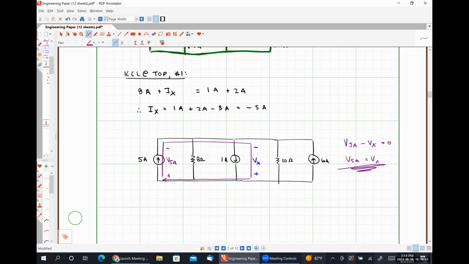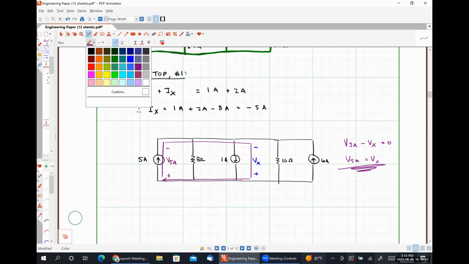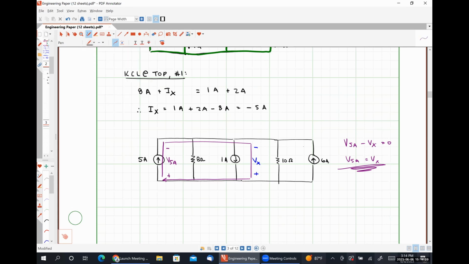If I happened to define a voltage with the opposite polarity, for example the voltage drop across my 6 amp source, and I wrote my KVL equation around this loop, I would see that Vx plus V6 amps is equal to 0, which means V6 amps is simply negative Vx. So it's still the same magnitude, but the sign is different because the polarities are opposite each other.